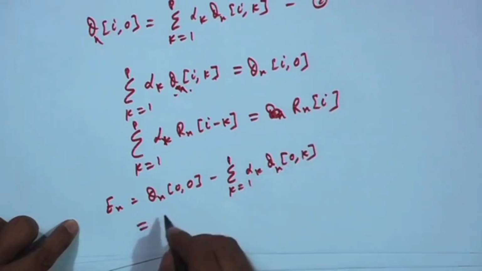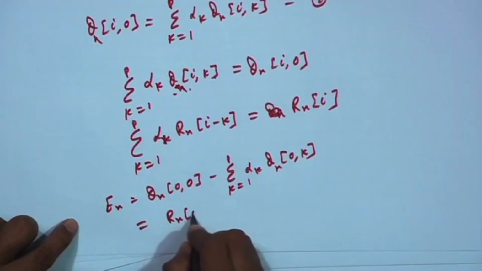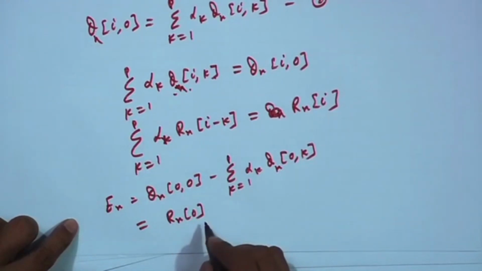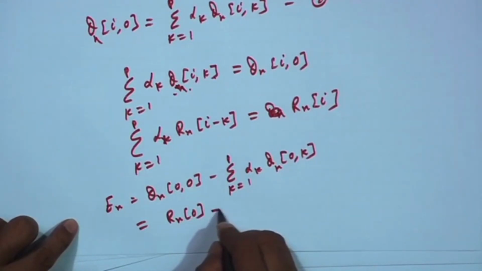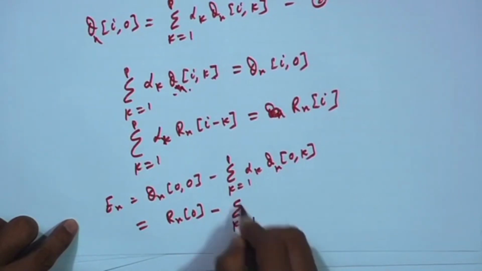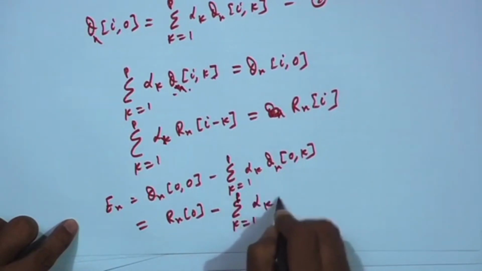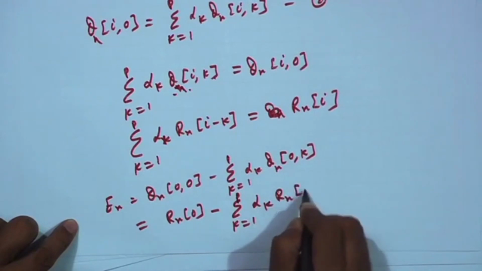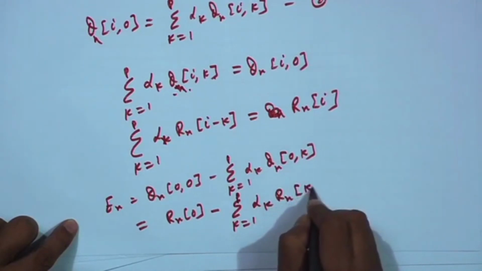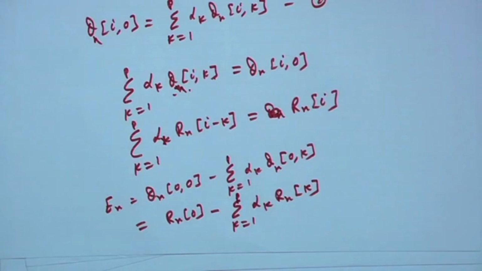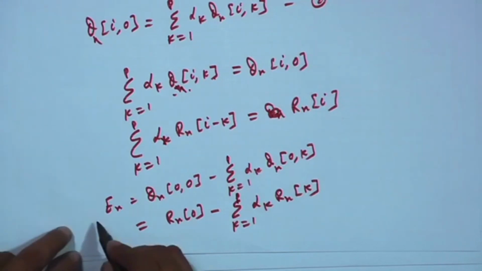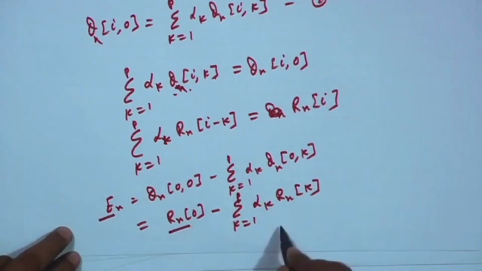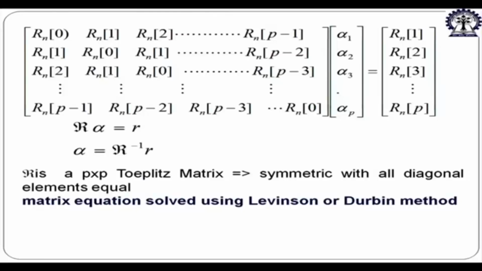That also can be written as R_n(0), where phi_n is replaced by R_n, which is autocorrelation, minus the sum from k equal to 1 to p of alpha_k R_n(k) only. I is 0, so R_n(k) only. So, I can say E_n is nothing but R_n(0) minus that sum.